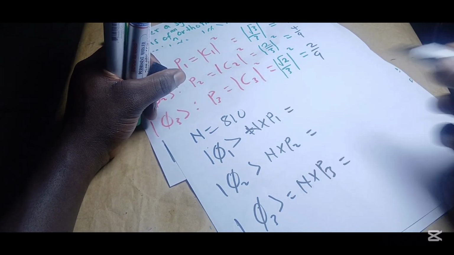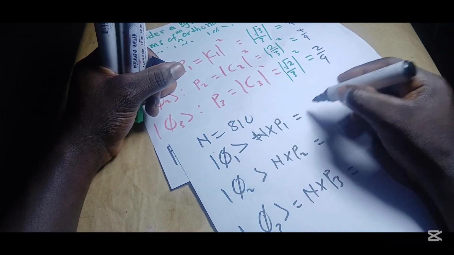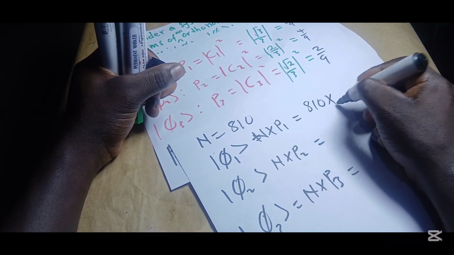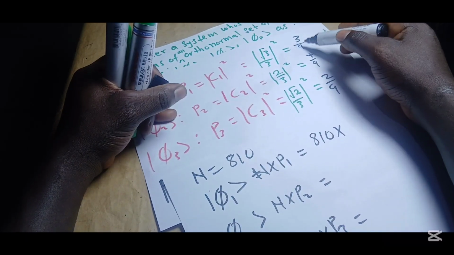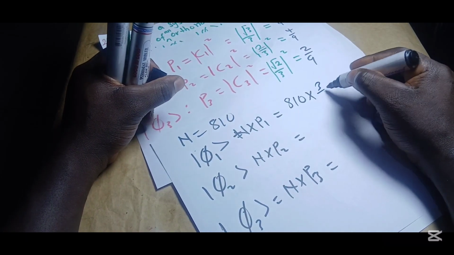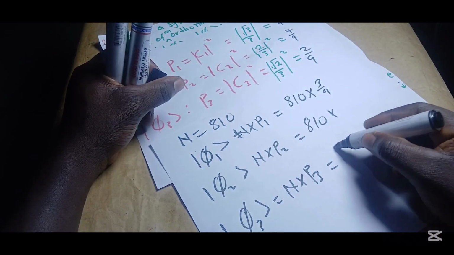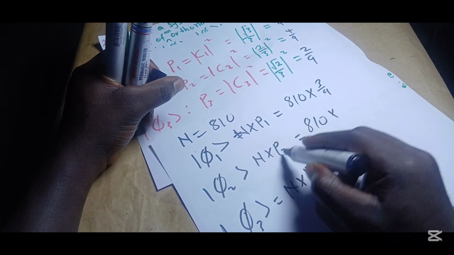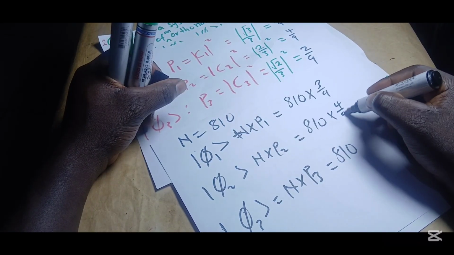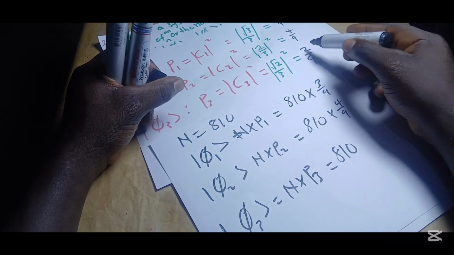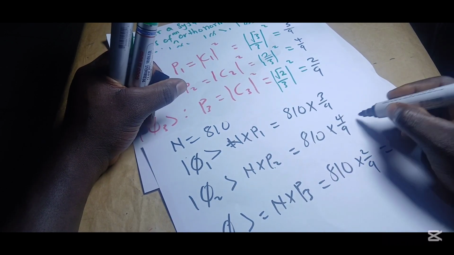So what do we get? Our N here is 810. So it is 810 multiplied by the probability contribution of phi 1, which is 3 on 9, 810 multiplied by p2, which is 4 on 9, and 810 multiplied by p3, which is 2 on 9.